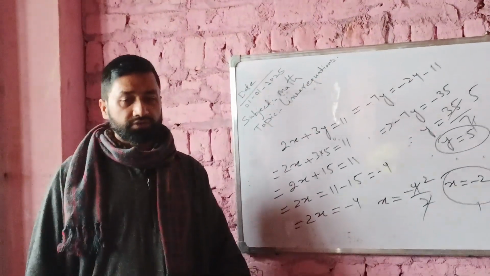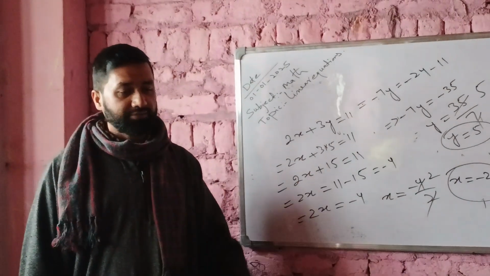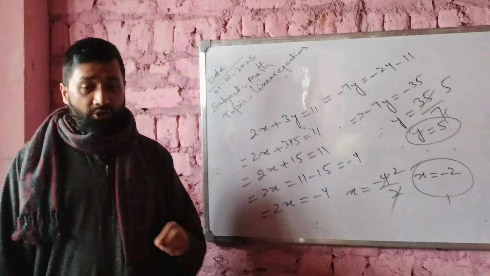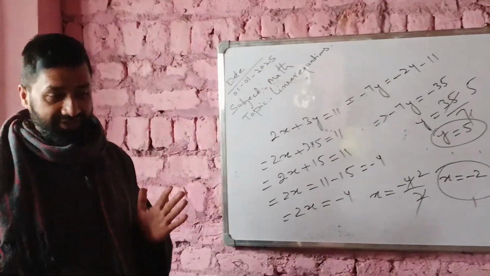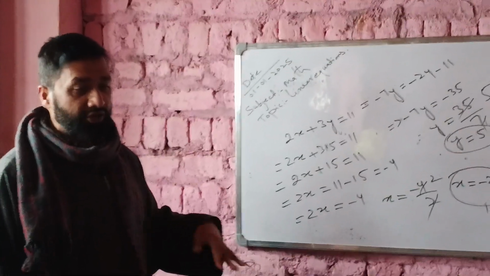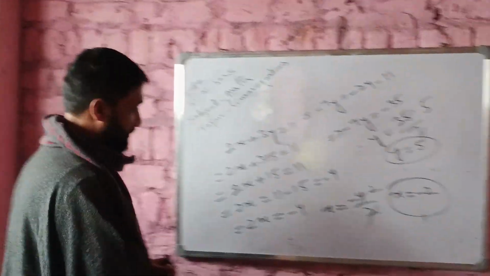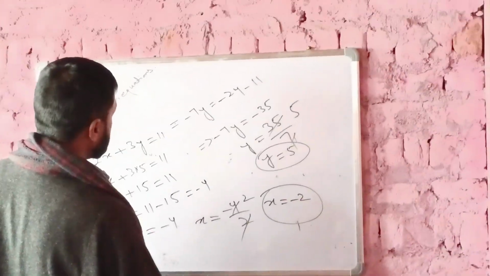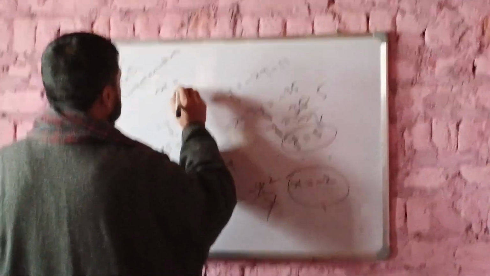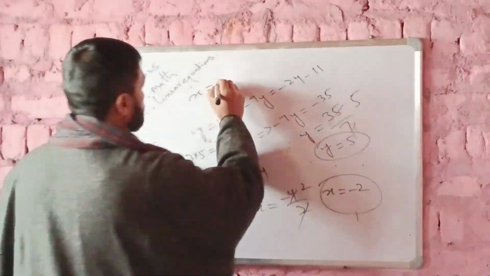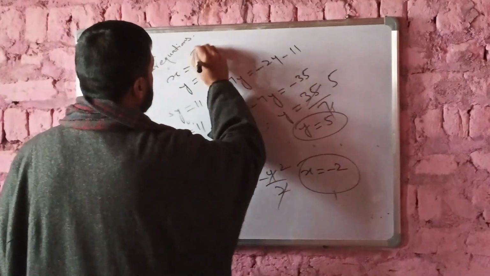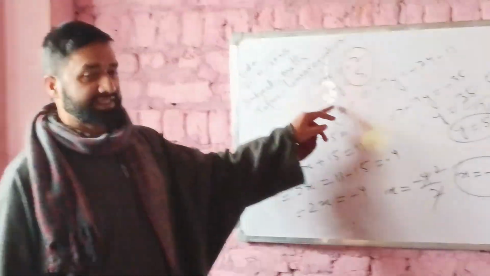Thus we found the values of the two variables here, the values of x and y. Now an assumption has been given and we need to justify or satisfy that assumption. And what is the assumption? Value of x is minus 2. Value of y is 5. Now we know the values of x and y.